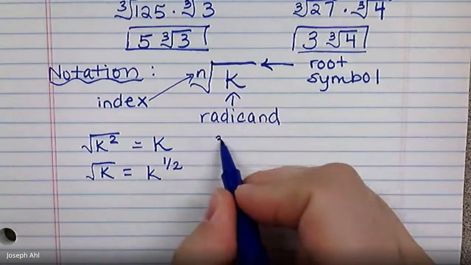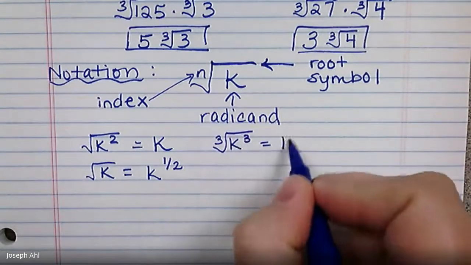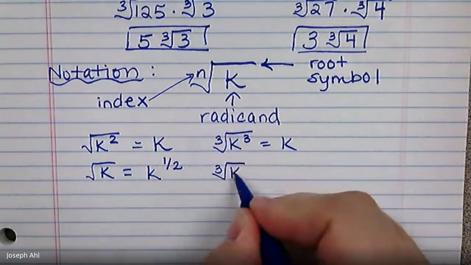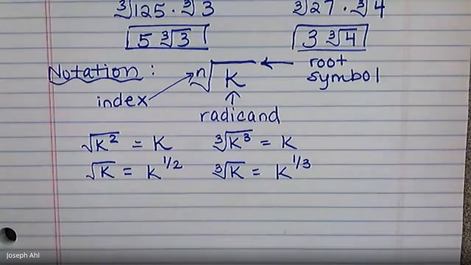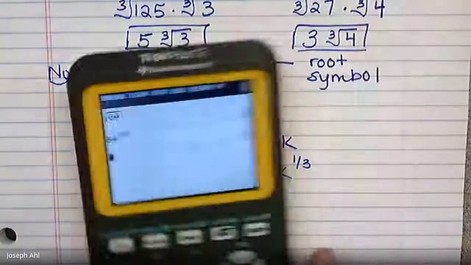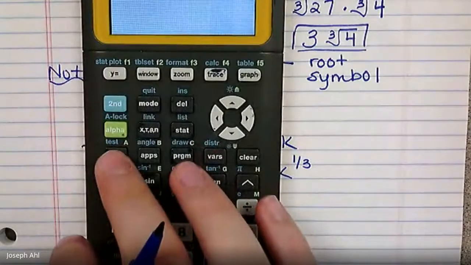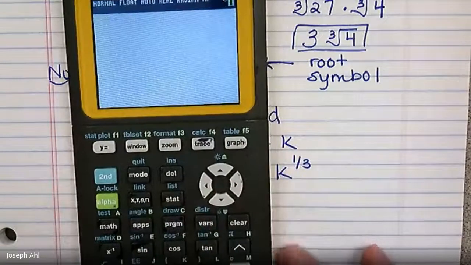We can extend that to cube roots as well. The cube root of k cubed, if this is a perfect cube underneath, is just k. And if we just have the cube root of k, that's the same thing as k to the 1/3 power. So we can confirm that pretty quickly too. We can get cube roots on the calculator by hitting the math key right here. So if you hit math, it's option 4 for cube root.